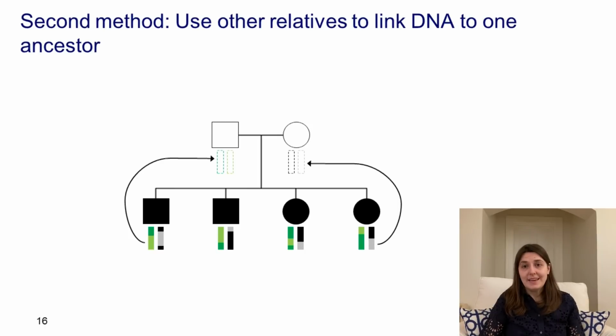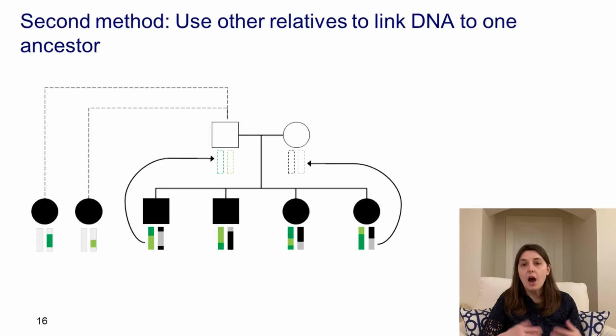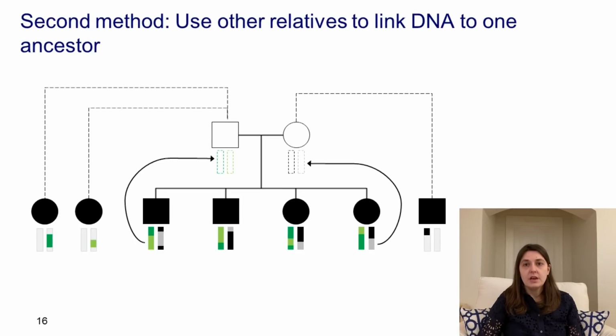So the approach that is taken to deal with this is to take DNA from other relatives that we know are not descended from these ancestors, but are related to them.